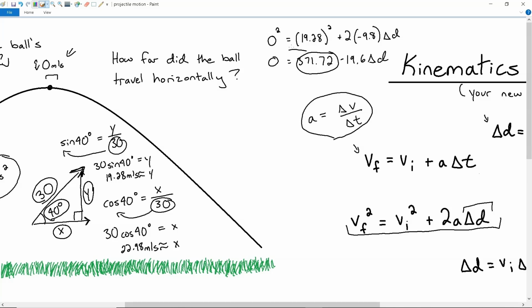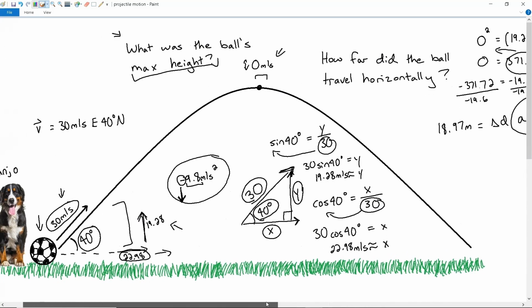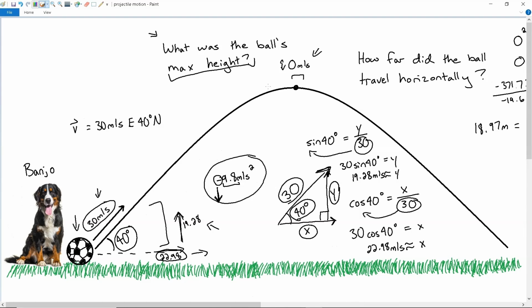So now I just need to move this over and divide both sides by 19.6. And it looks like our total displacement was 18.97 meters. And that is the answer to our first question. That tells us that this max height here is 18.97 meters.